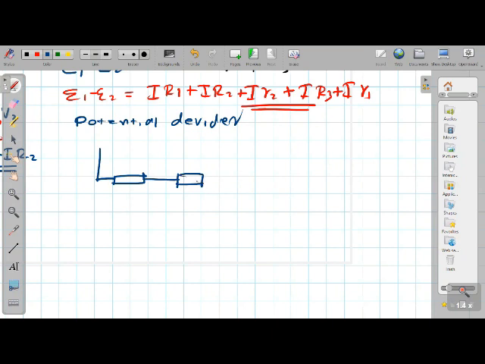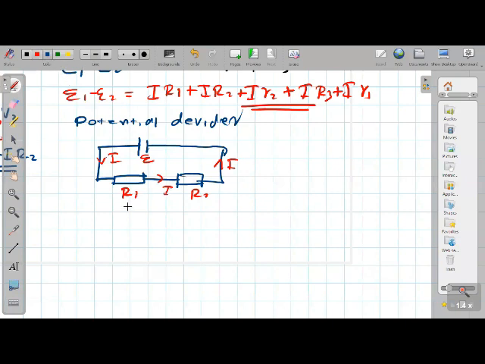For these ones like R1 and R2, the external voltage supply is E, they are epsilon actually. The current is I throughout. Then there are resistances R1 and R2.